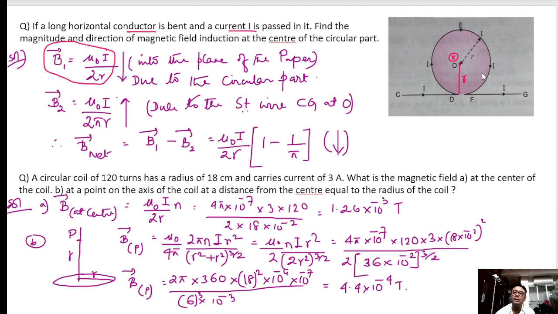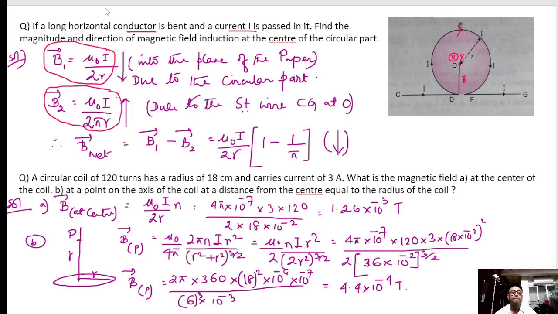Similarly, due to the circular wire the magnetic field is given as this, and because it is a clockwise current, it should also be into the paper. Magnetic field due to the straight wire will be perpendicularly out of the paper.